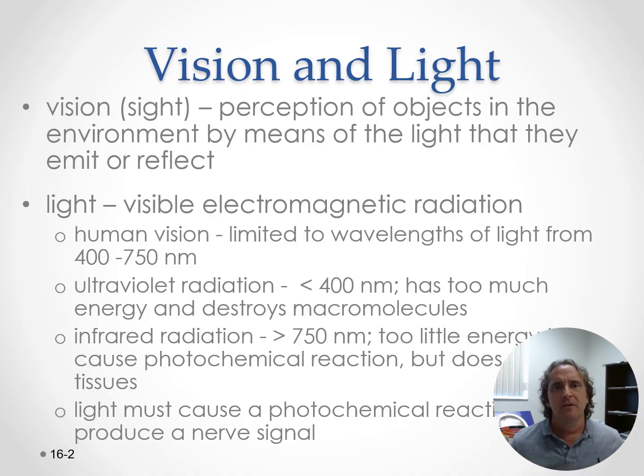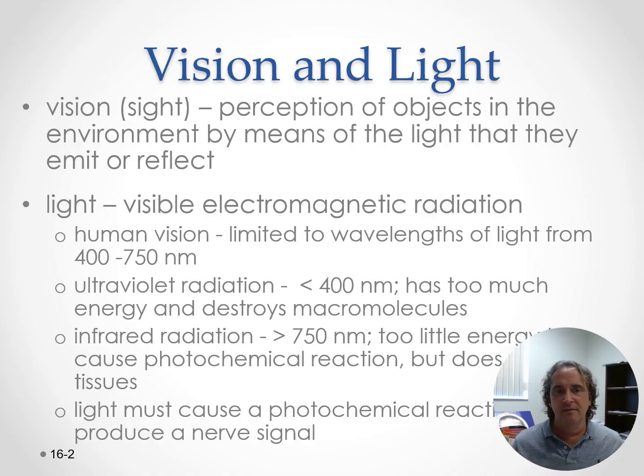So vision. Vision is how you perceive stuff from outside, and then how does your brain use chemical signals to say that this is this color, this is this shape, this is what's happening here. And all you're doing is interpreting wavelengths of light.